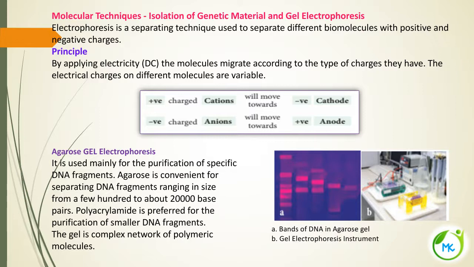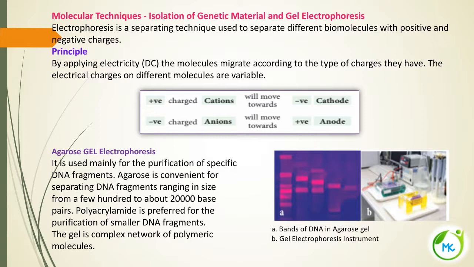In this class we have seen the third important tool for genetic engineering, which is none other than the host cell. We also saw how the host is made competent, the different gene transfer methods, and the screening of recombinants. The next topic we are going to see is molecular techniques.